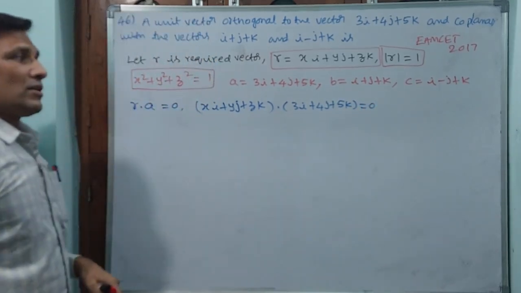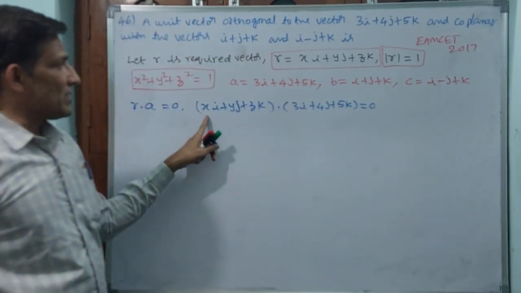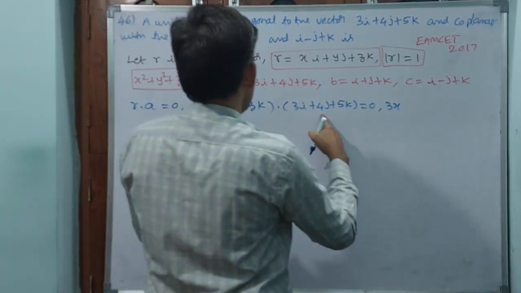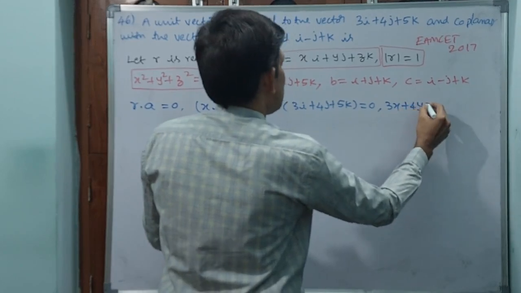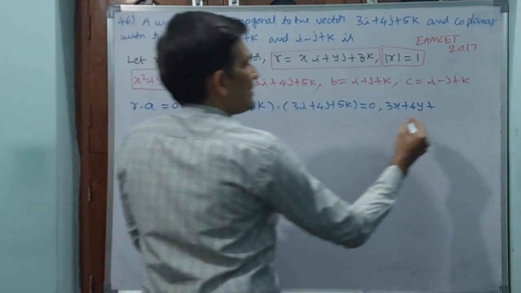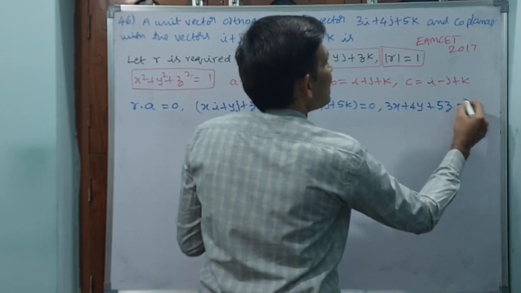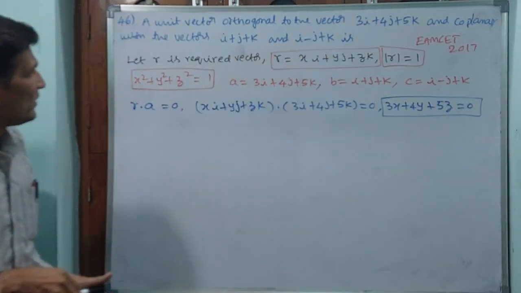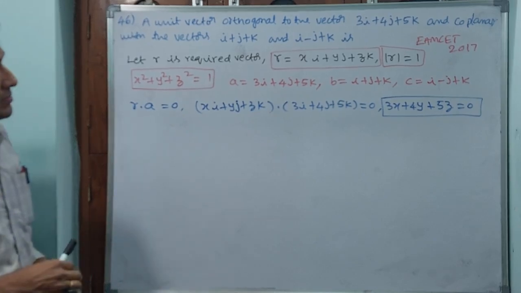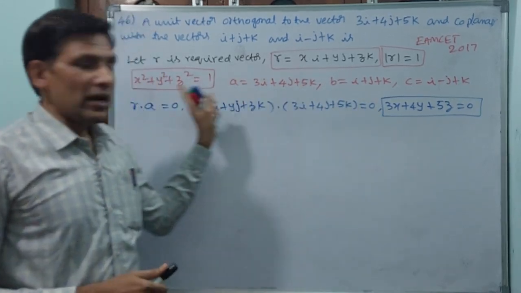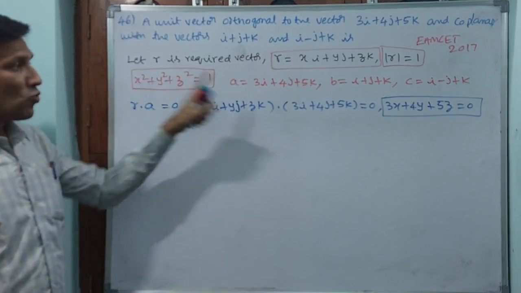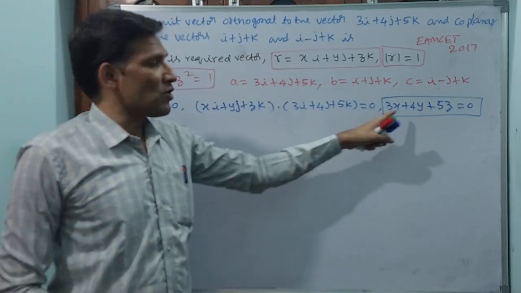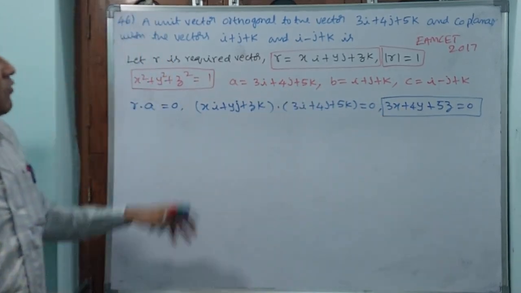You are going to get one equation: 3x plus 4y plus 5z is equal to 0. This also we require. Now wait, these two equations you are unable to solve. Because for two parameters, two equations are enough, but here three parameters x, y, z you have to find. Now it is not enough, so go for the second one also.